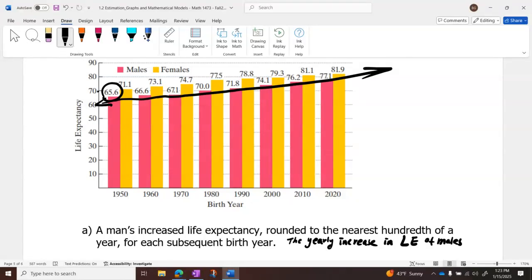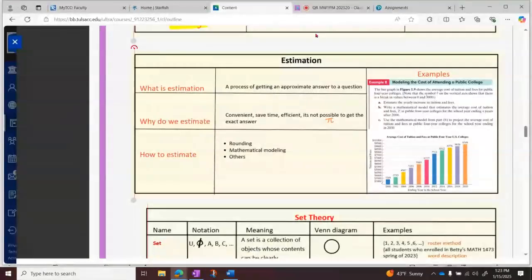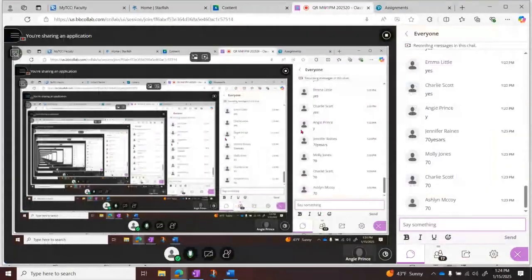By the year 2020, the life expectancy for males is 77.1. So how many years is that, from 1950 to 2020? 70 years, exactly, perfect.